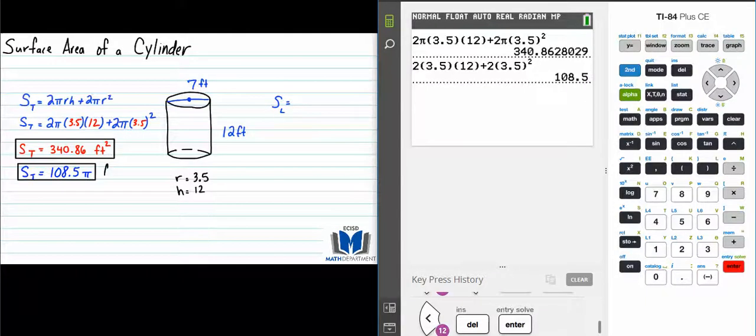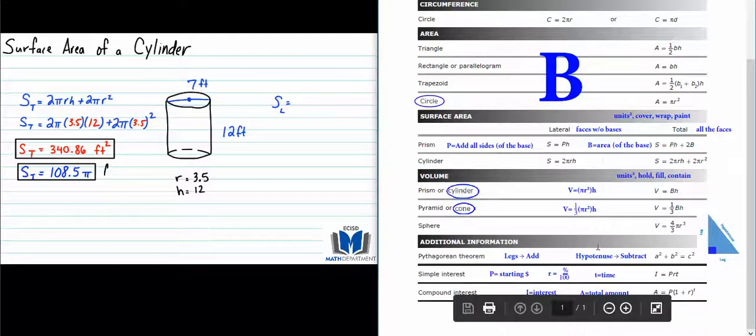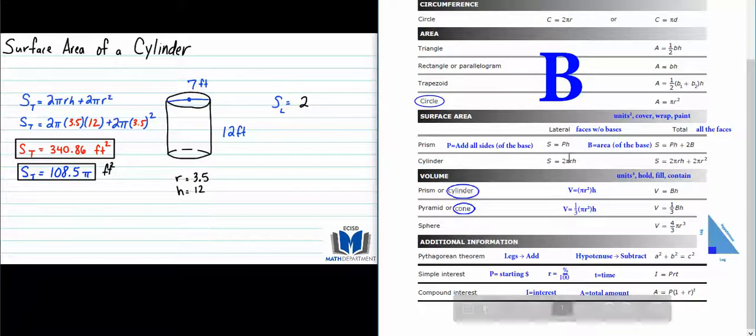Now if I want lateral, let's go get my lateral surface area formula. That one is going to be just 2 pi RH. So that formula is almost the same, just a little bit easier because it's not as long. So what's R, what's H? Well, I already figured those out, so I'll just plug them in. And I would end up with 263.89 feet squared.